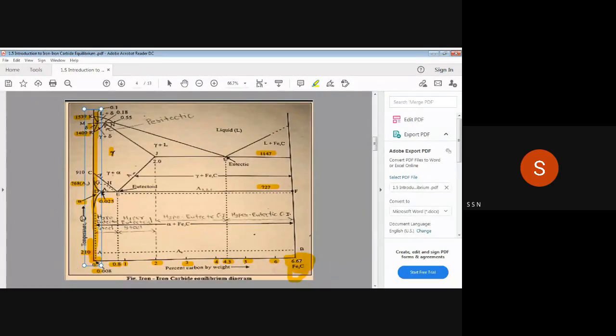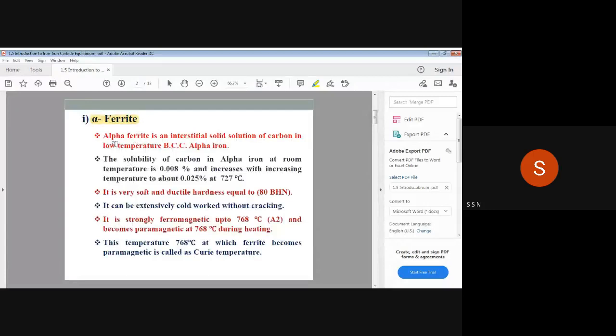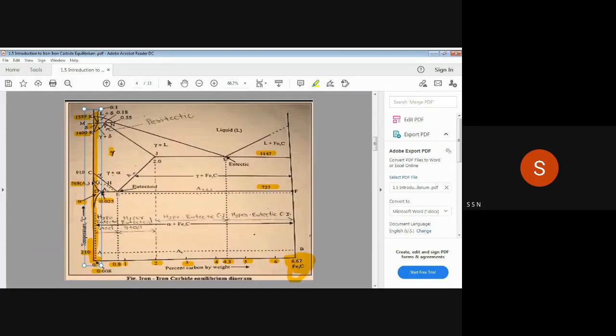That means a small amount of carbon, 0.025, and temperature below 768. There also you are getting this phase, and this phase is nothing but one kind of solid solution. That's why I have written here, it is also a solid solution of carbon inside the iron at low temperature, low as compared to other phases.